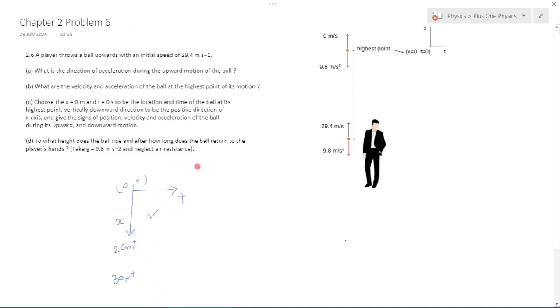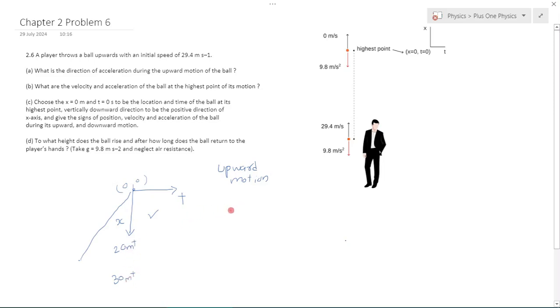So when it is upward motion, the distance is decreasing with time, and finally it comes to this point, the highest point, which is x 0, t 0. We can also approximate it like this because time is going: 30, 20, 10, and 0.